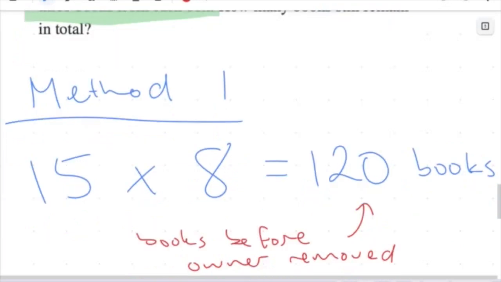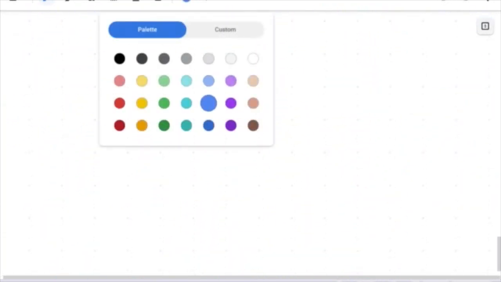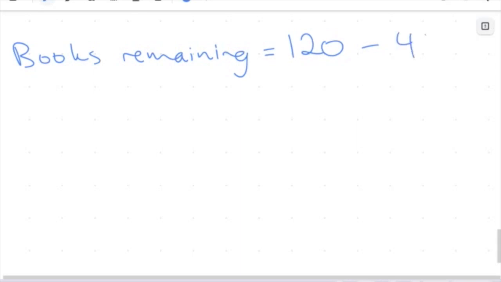So the books remaining is going to be my original 120, and we're going to take away the total amount of books that were taken out. And that's going to give us an answer of 75 books remaining.